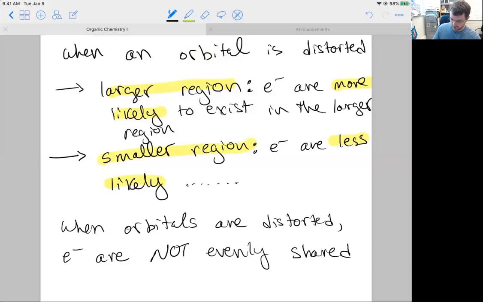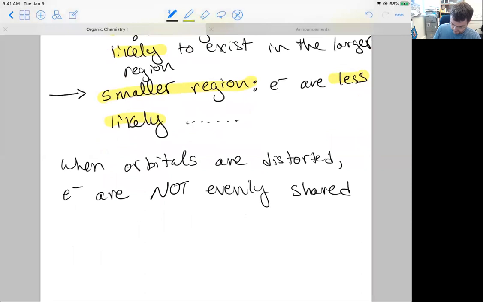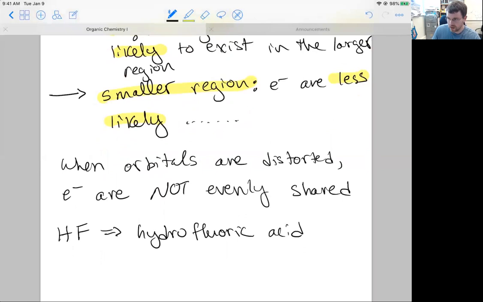Now, the biggest culprit of this is HF, which is hydrofluoric acid. It's a really interesting molecule. It can chew through bones because it sequesters calcium. So it can actually melt bones.